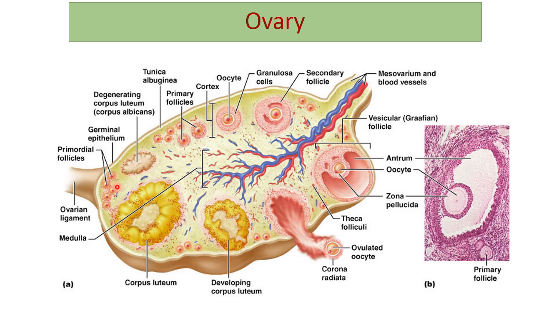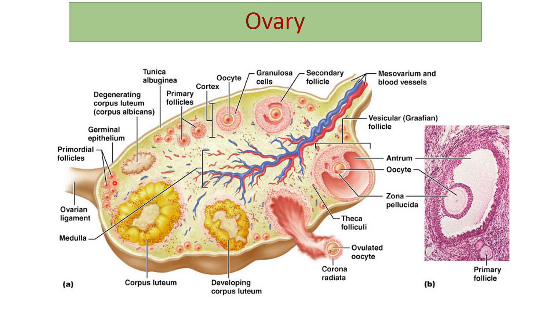So these will remain inactive through childhood, and then during puberty each month with rising levels of follicle stimulating hormone, a number of these primordial follicles will be stimulated to grow, and eventually one will be chosen to continue on, and it will go through complete meiosis 1.